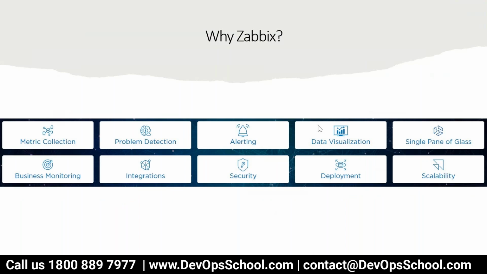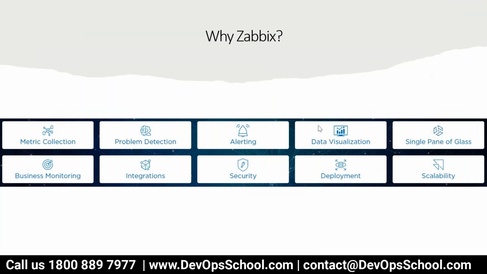So what exactly are the features of Zabbix? One of the features is metric collection through the agents. That is a demo which I'll show you. Problem detection. This is something like having AI built in with Zabbix, where if there are certain issues in the infrastructure and software, it will automatically detect the problem and notify you.